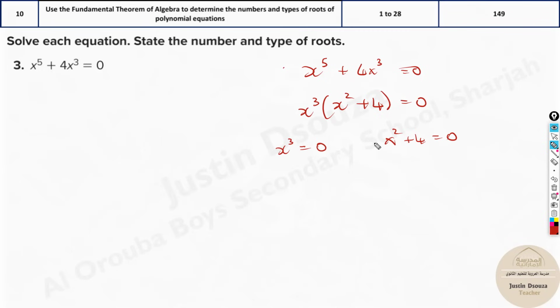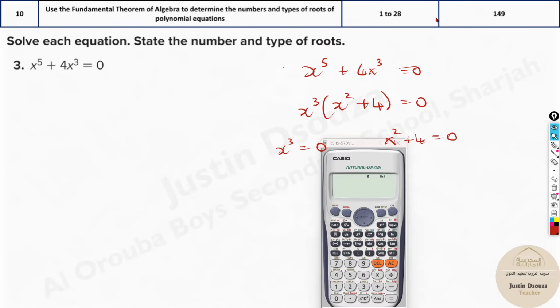Now we can solve each of them individually. So one answer obviously you will get, degree 3, it's all 0 because x cubed is 0. That means take the cube root on both sides, it will be 0. Another one, we can use the calculator. Since over here it's squared and there is a positive, it goes to the other side and becomes negative. We'll have imaginary answers. Let's do it over here. Mode 5 and 3 for quadratic.